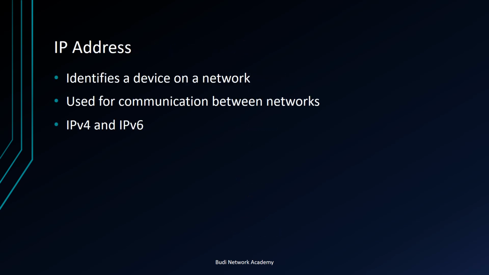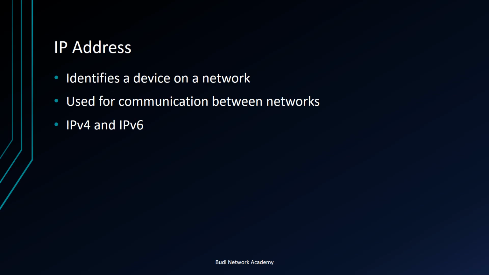So, how does a router know where to send the data? One important piece of information is the IP address. An IP address identifies a device or network interface on an IP network and allows devices and routers to determine where traffic should go.